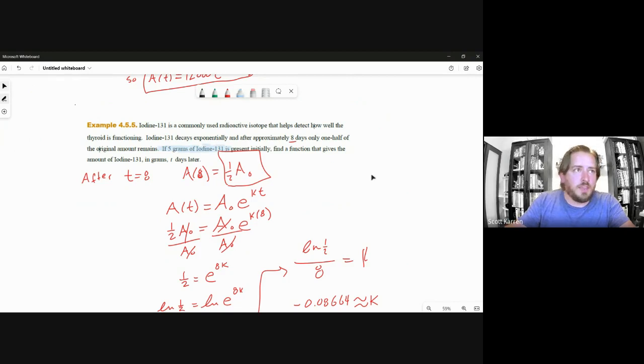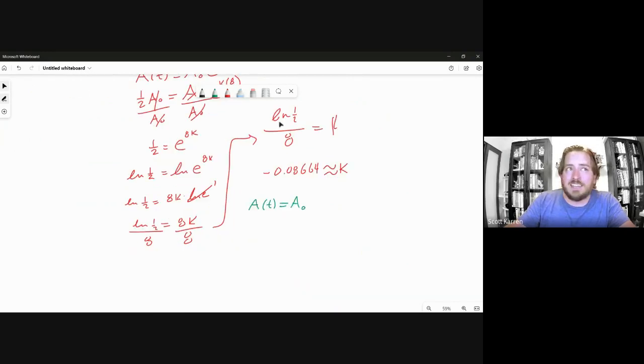If 5 grams of iodine is present initially, I didn't need that number to do this problem, but I will put it in because it's part of the situation. That is my A naught, 5, e to the negative 0.08664 t, and that's it. That's my equation.